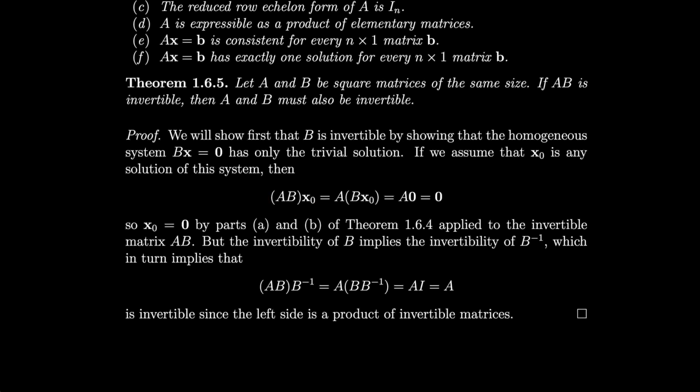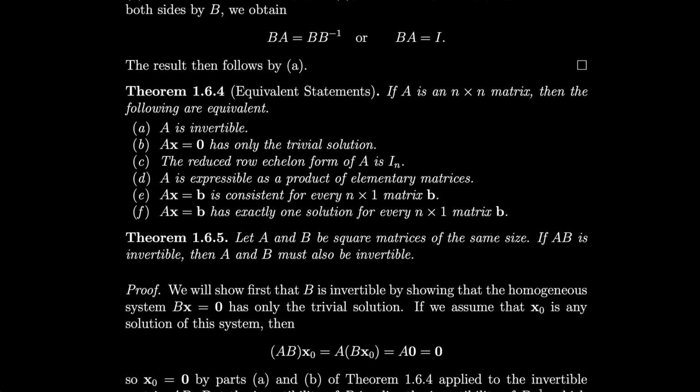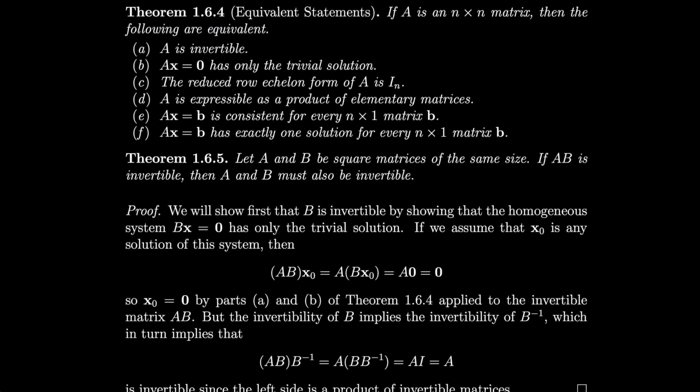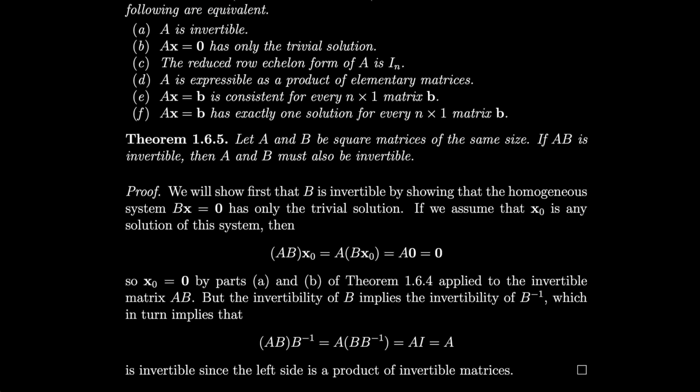So that means that x naught must be 0 by this theorem right over here, because we have that AB is invertible. That was our assumption. So ABx equals 0 has only the trivial solution.